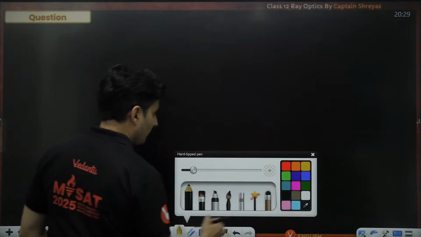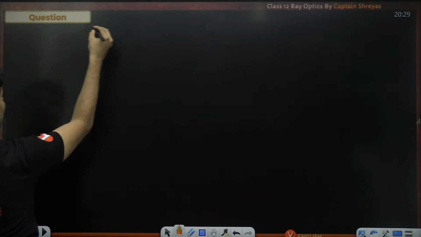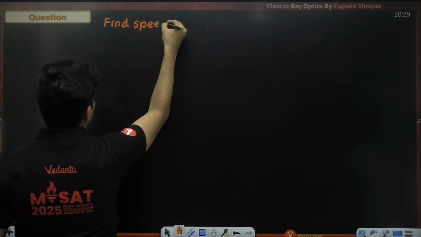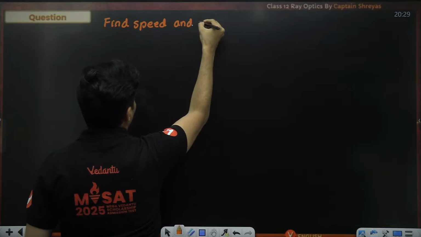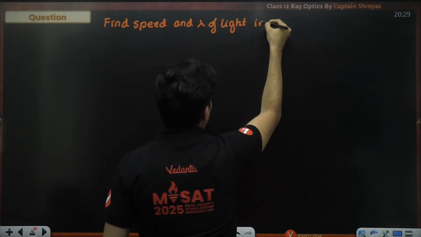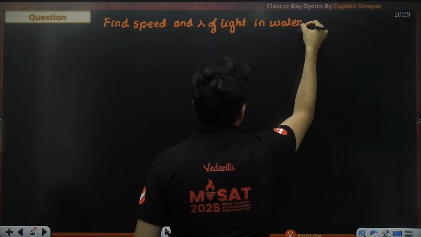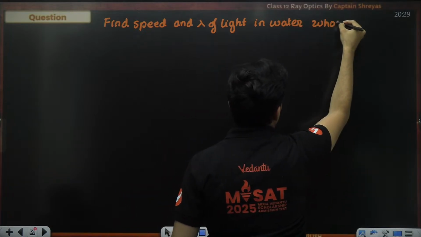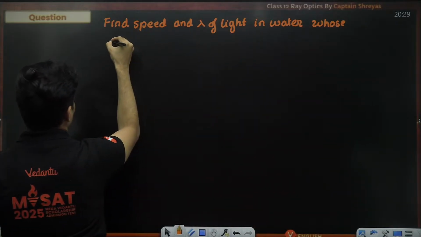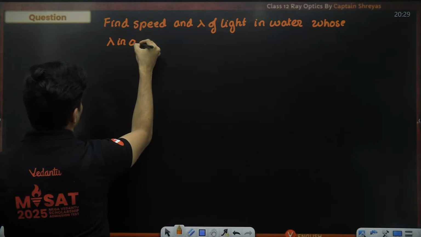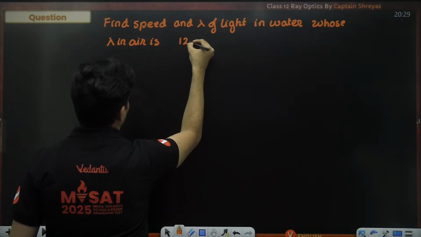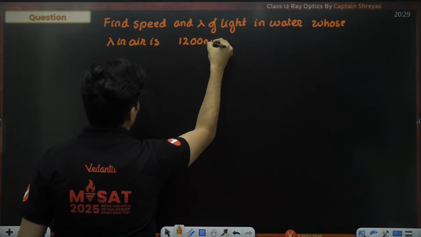Let's do a few questions. First question is, find the speed and wavelength of light in water whose wavelength in air is 1200 nanometer.